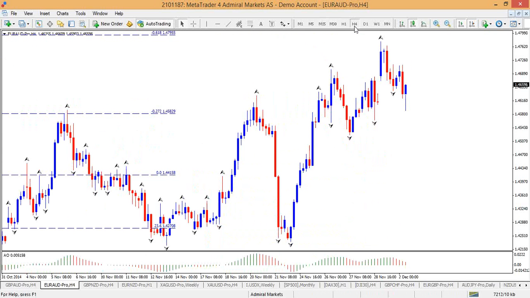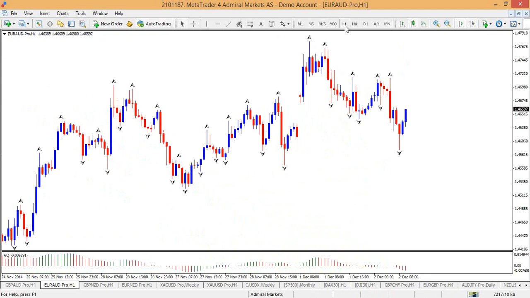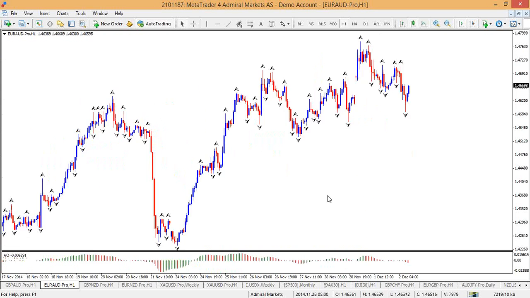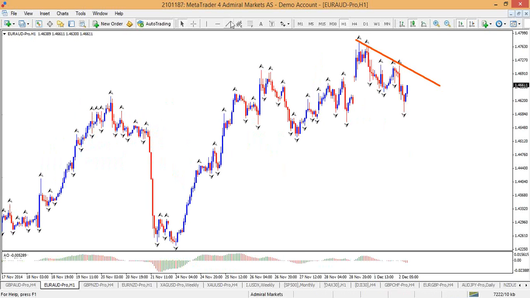That was the daily chart. 4-hour chart, 1-hour chart. On the 1-hour chart, you can see that the price is more making a triangle. So if the triangle were to break to the downside, it could be a good reversal trade.